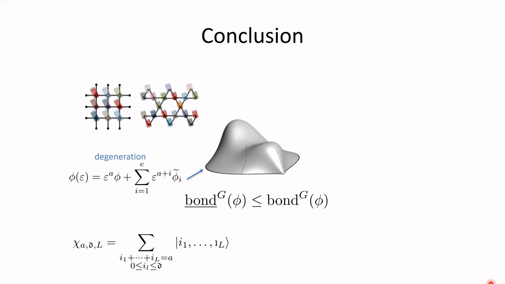And indeed, this was possible. And for example, for these W states, we could get system size dependent separation between the bond and the border bond dimension.